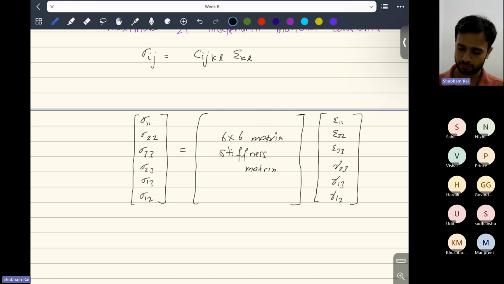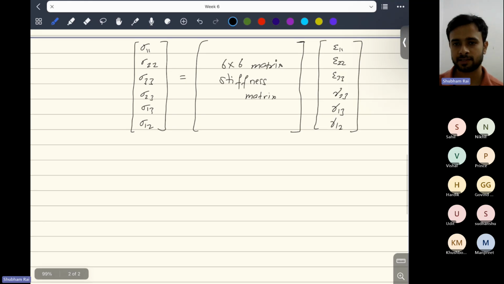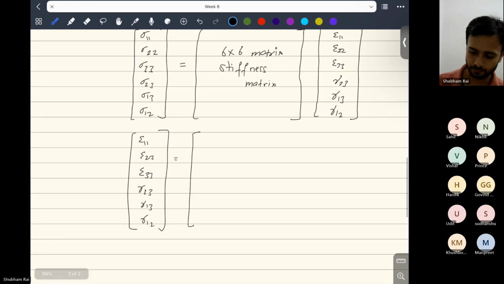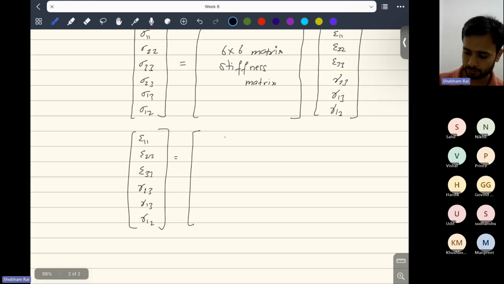Here you have expressed stress in terms of strain. You can also express strain in terms of stress. If you do that, strain will come here: epsilon 1, epsilon 2, epsilon 3, gamma 2 3, gamma 1 3, and gamma 1 2. You'll get that this is also a 6 cross 6 matrix.